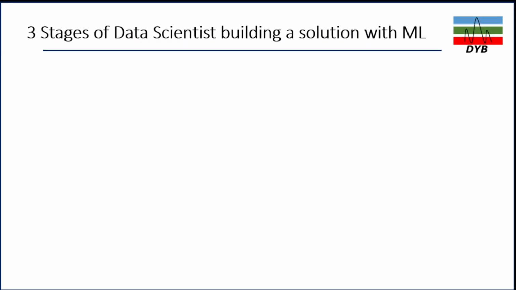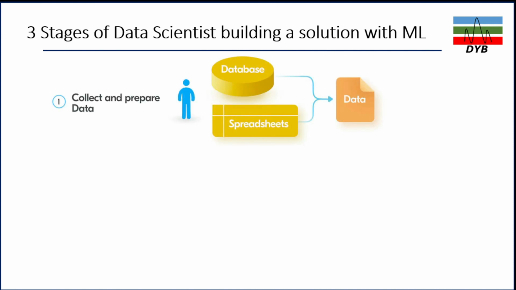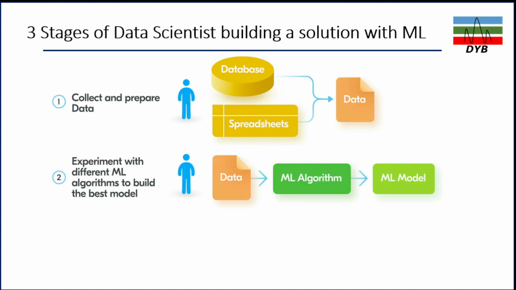So there are three stages for a data scientist trying to build machine learning algorithms. The first stage is to collect and prepare the data. Let's say you come up with different types of data. In the case of a car, you have the mileage, the age, and everything you put into the spreadsheet, and that is actually called the data. The second stage is to experiment with different machine learning algorithms to build the best one.